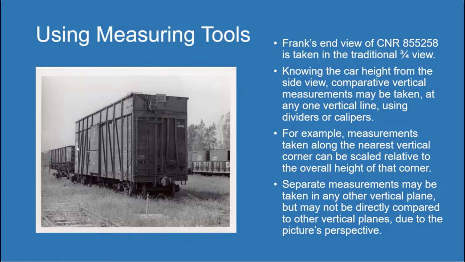So as we move further away from the center of the picture, all of the lines are proportionately reduced. So we can't directly make a comparison of a measurement taken on this corner with some other location. That's what the effect of perspective does in this case.